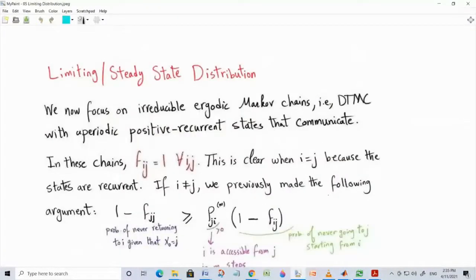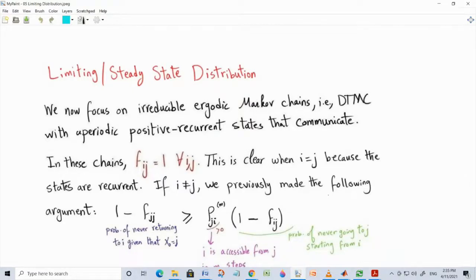So now, let's focus on irreducible ergodic Markov chains. Remember, ergodic is not just positive recurrent. Ergodic means positive recurrent and also aperiodic, because you can have a chain of positive recurrent states that are periodic with, let's say, period 2 or something like this.